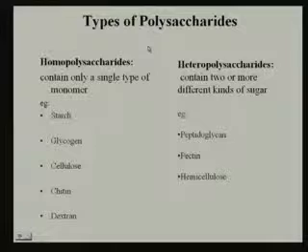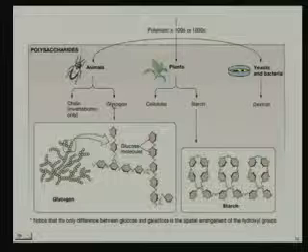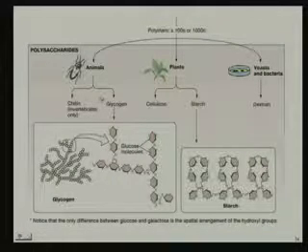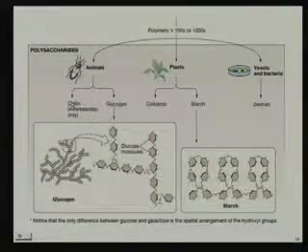Now if we see the polysaccharide, as I have already discussed, it may be a homopolysaccharide or a heteropolysaccharide. Coming to the homopolysaccharide, if we talk about the animal system, then chitin is one polysaccharide which is present in the exoskeleton of the cockroach.